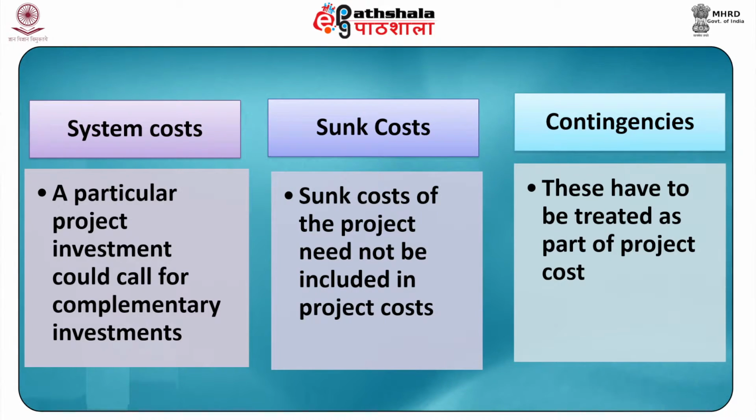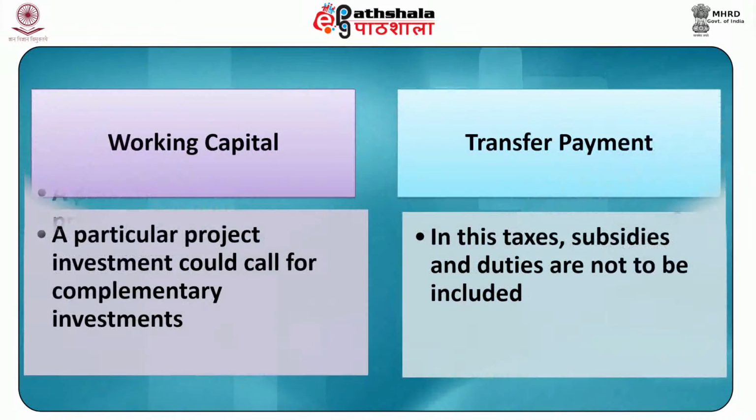Contingencies. These have to be treated as part of project cost. Working capital. This is defined as net receivables, market securities, bank balances and cash on hand. For economic analysis, only real resources need to be considered. Transfer payments, taxes, subsidies and duties are not to be included.